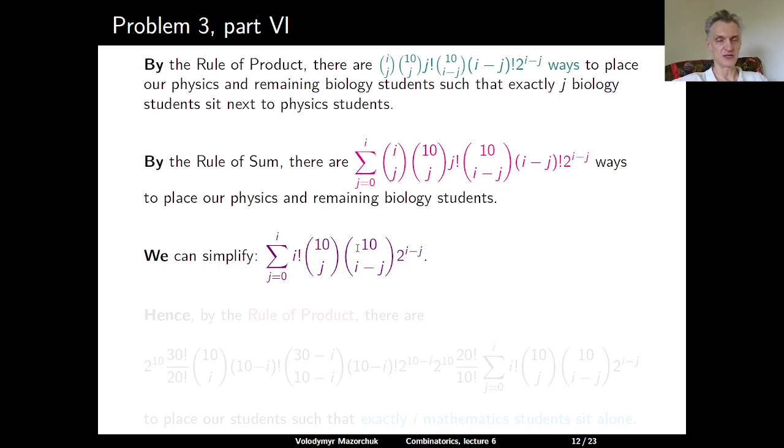Now we still have our parameter i, that's the number of mathematics students which sit alone.